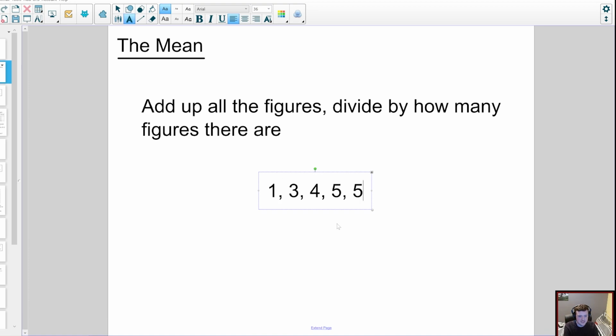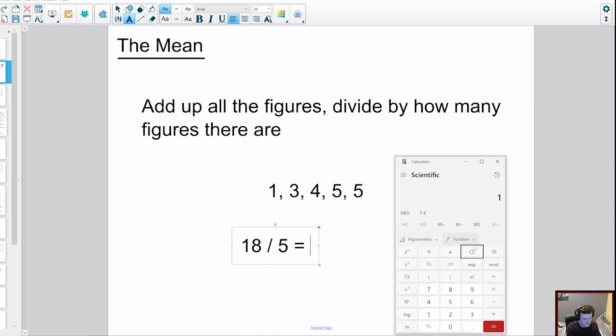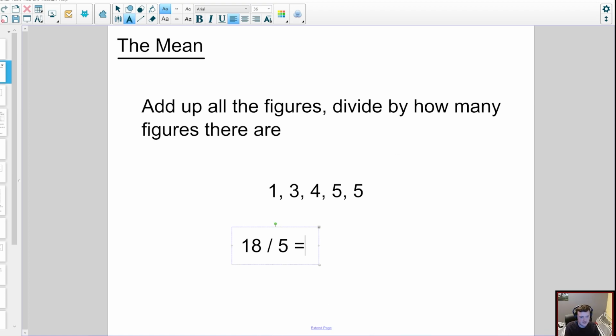So it's 14, 17, 18. And then my sum would be 18 divided by 5, which is going to be 3.6, I believe. Yes, so my average would be 3.6. And that would be my mean average for this set of data. And so that's how we work out what the mean will be.